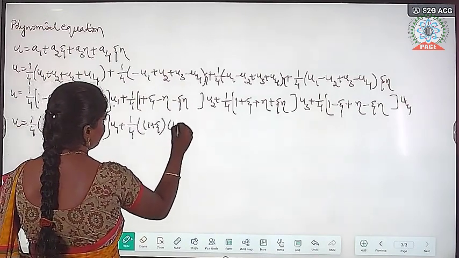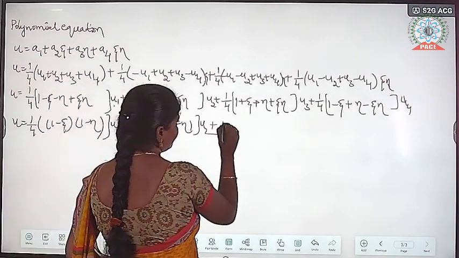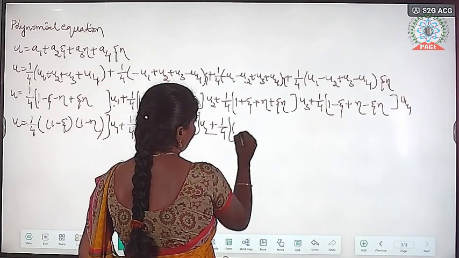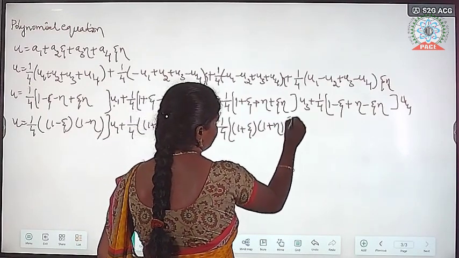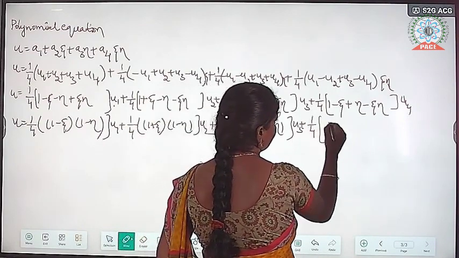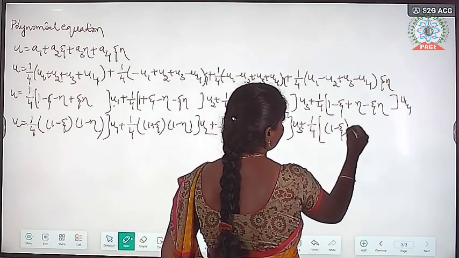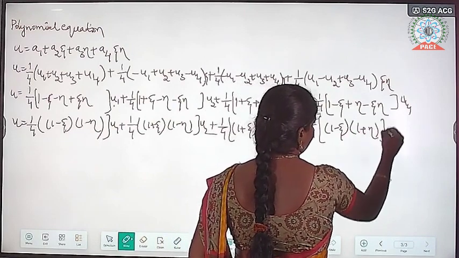This is the u2 term. Next, 1 by 4 into (1 plus xi) into (1 plus eta) into u3, plus 1 by 4 into (1 minus xi) into (1 plus eta). This is the u4 term.